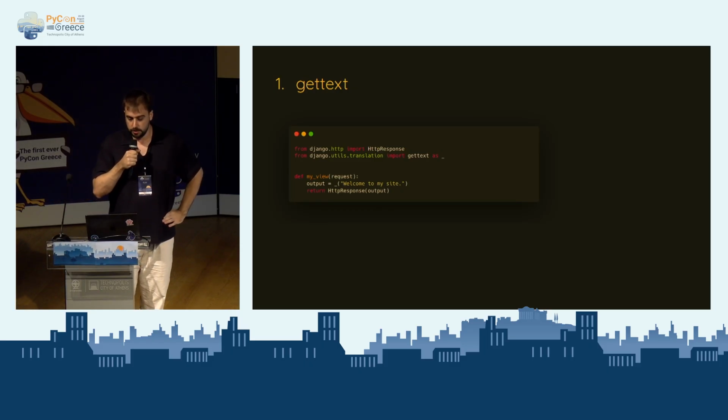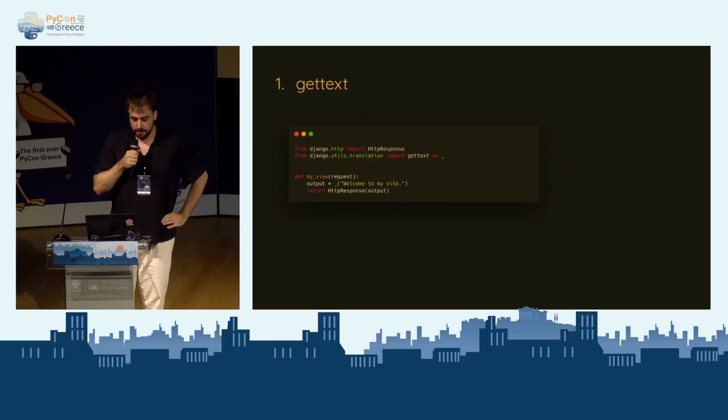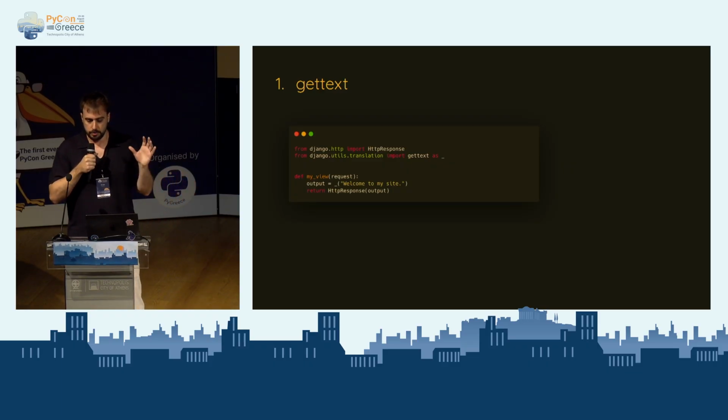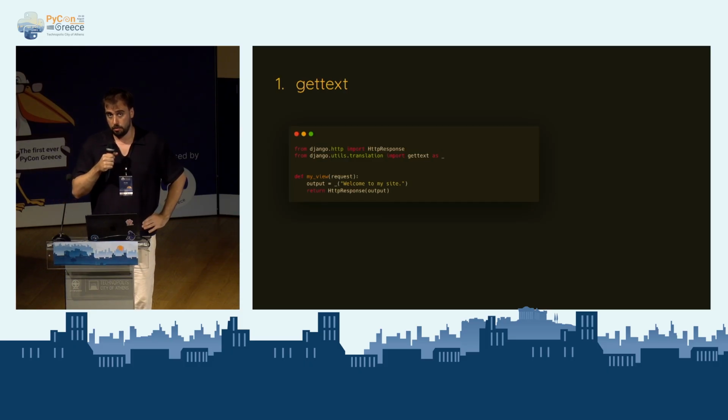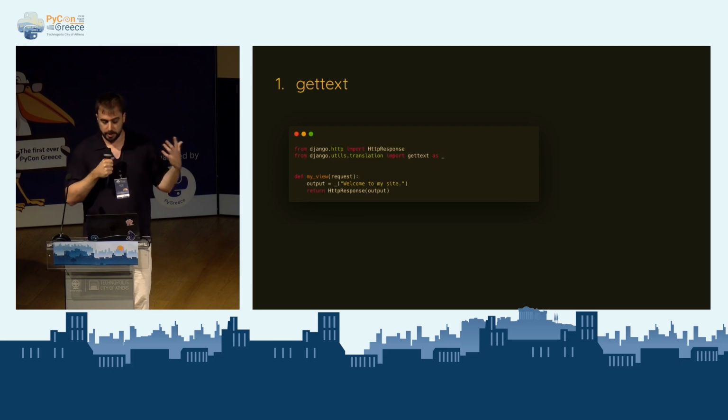Django, under the hood, uses a library called gettext. Gettext was created for the Linux or GNU world, and it is used by almost all open source or free software. Django, instead of creating a new standard, just uses this existing software and wrote a wrapper for gettext.